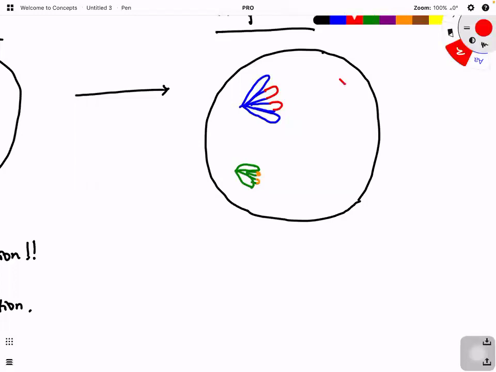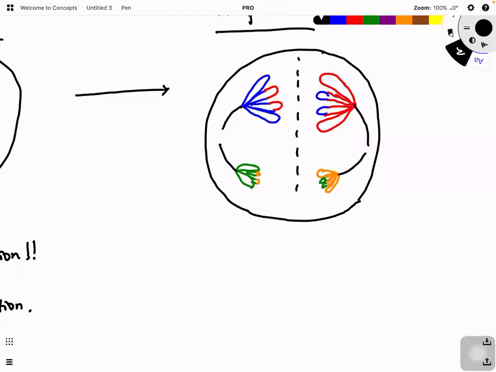Here we have the red color chromosome with a little bit of blue, and then the orange color chromosome with a little bit of green because of crossing over. So they are going to move towards the centrosome, away from the metaphase plate.